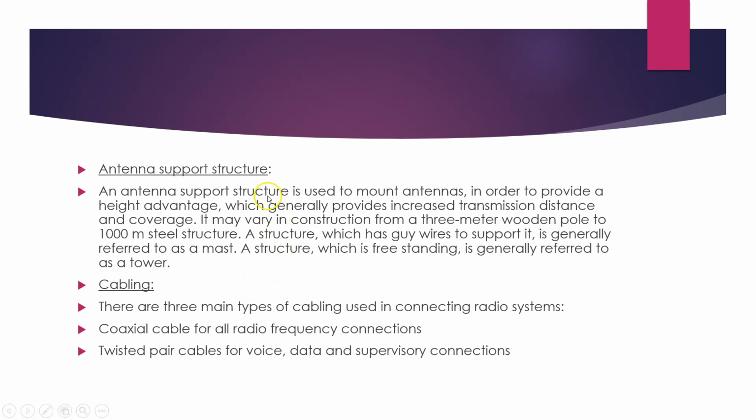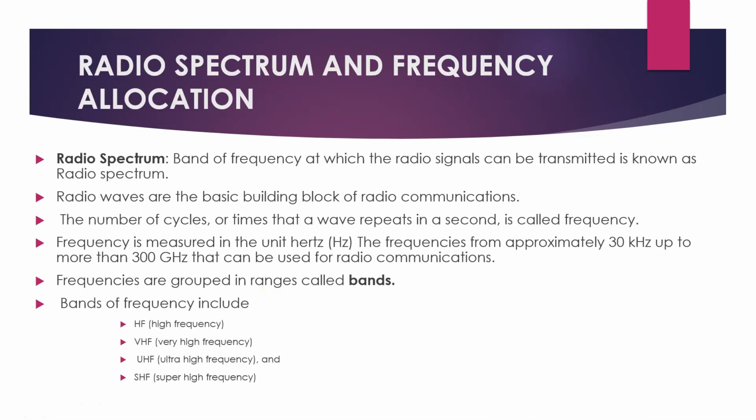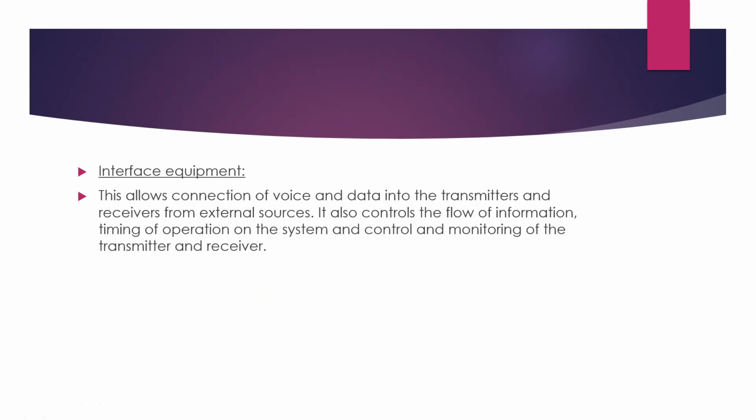Antenna support structure: what is the purpose of that structure? To mount antennas. When you place it at a higher distance from the ground level, it is an advantage to increase the transmission distance and coverage. Cabling: there are three types of cabling: coaxial cable for all radio frequency connections, and twisted pair cables for voice, data and supervisory connections.